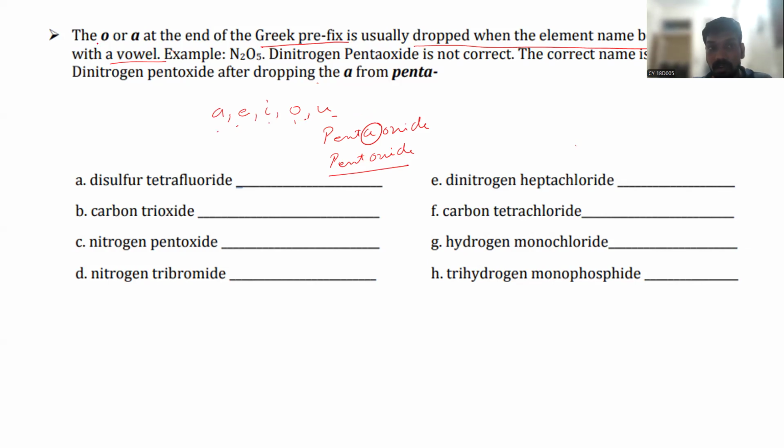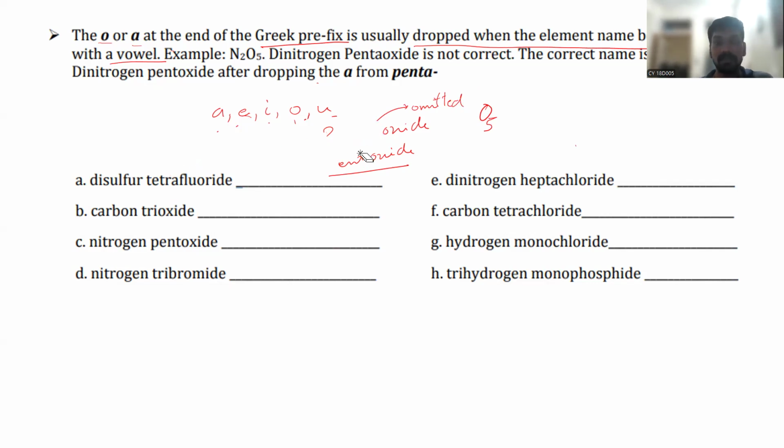Then you should not use the O or A which ends the prefix. Like pentoxide, I gave you the example. O5 it is written. You cannot write pentaoxide; you have to write pentoxide because this A is omitted.